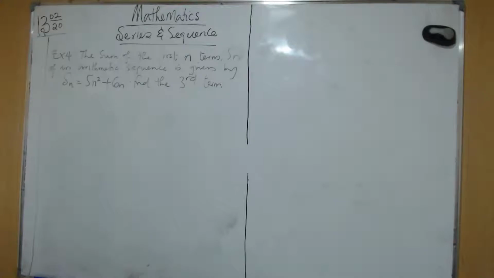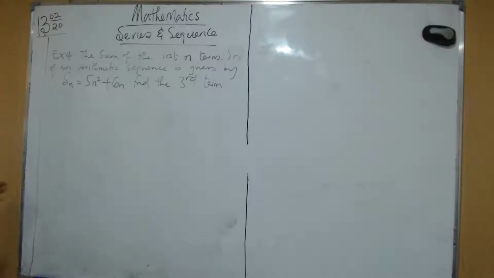Very technical and very, very simple. The sum of the first n terms, Sn, of an arithmetic sequence is given by the series of the arithmetic progression. We have 5n squared plus 6n. Then we are asked to find the third term of that sequence.